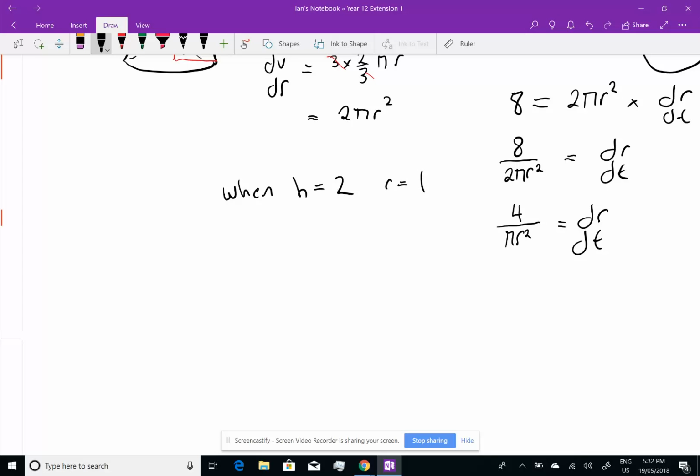Now, dr/dt, which I have over here, equals 4 on pi r squared, and when r equals 1, dr/dt equals 4 on pi, because 1 squared. Now what do we want?